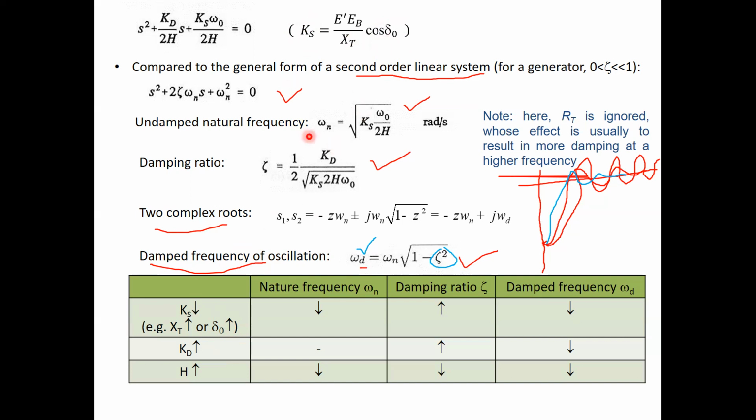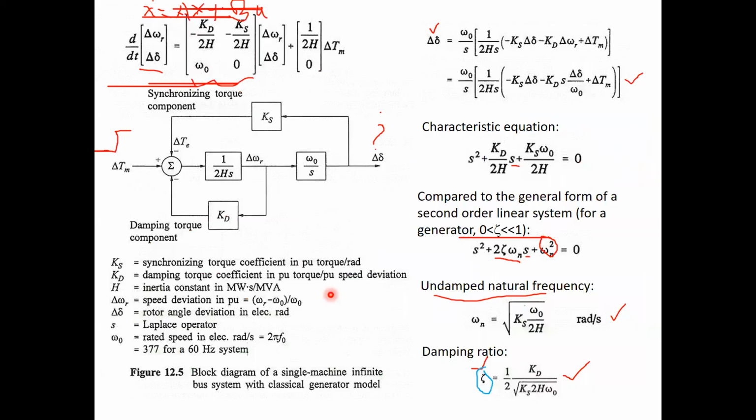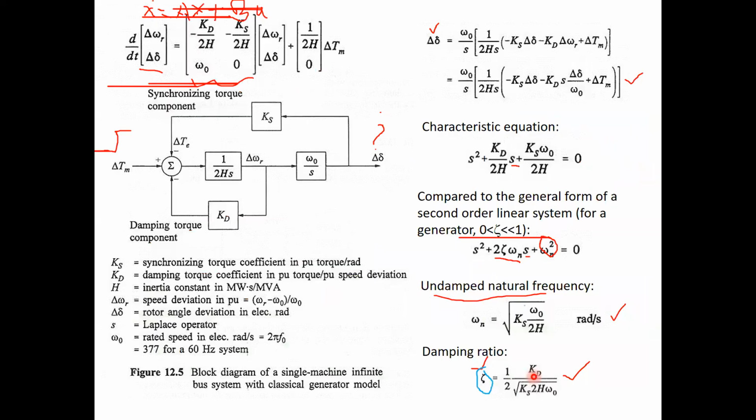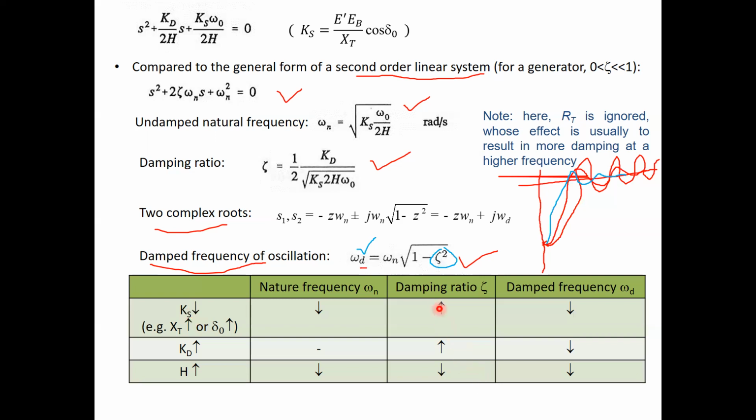Agreed? In that case, if the synchronizing torque reduces, then what about the natural frequency? Natural frequency is this one. If this term reduces, the natural frequency will also reduce. And then if you look at the damping ratio, if the synchronizing torque reduces, the damping ratio will increase.